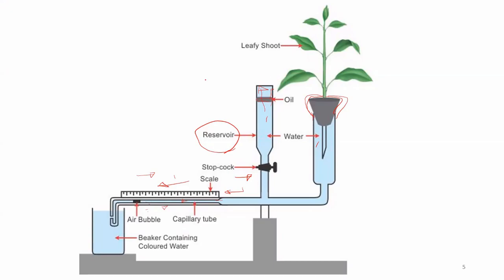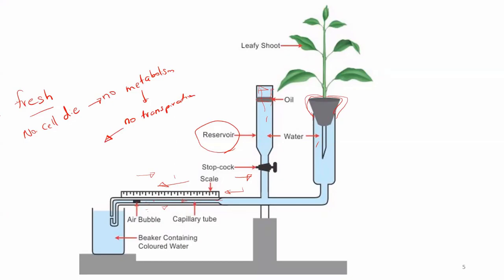If the shoot is not in fresh form, the number of dying cells will be high, so there is no metabolism: no transpiration, respiration or photosynthesis. No or less transpiration also affects the air bubble movement.